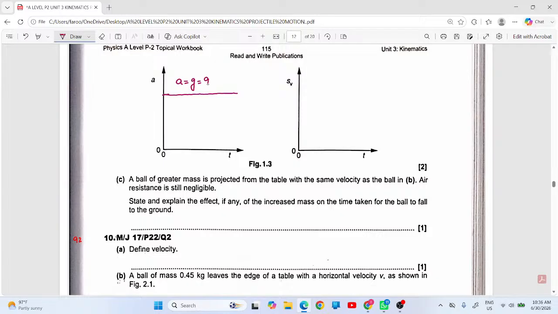And what about the vertical displacement?